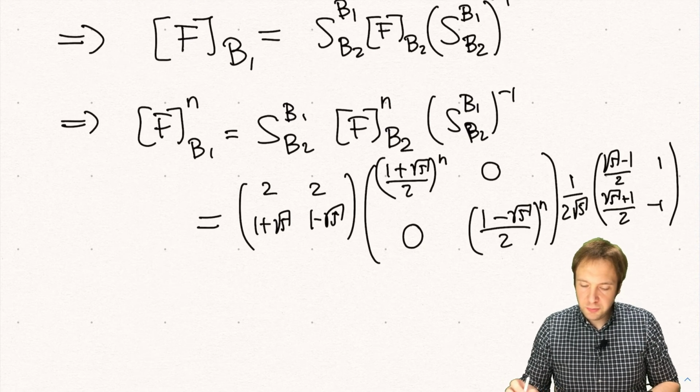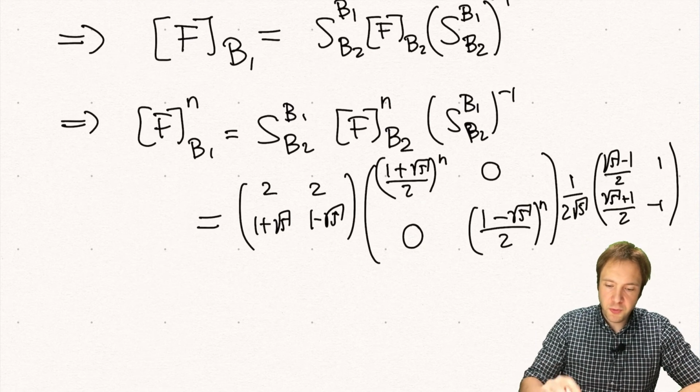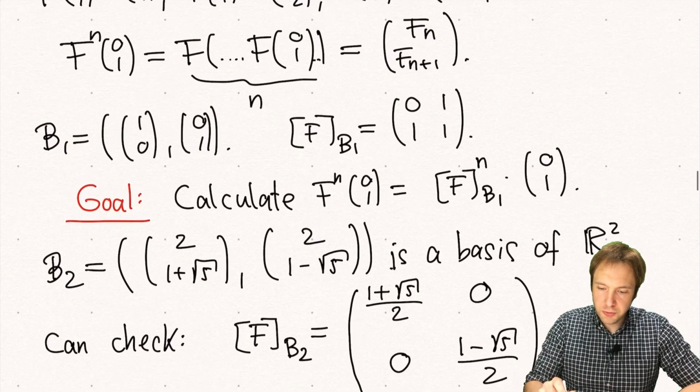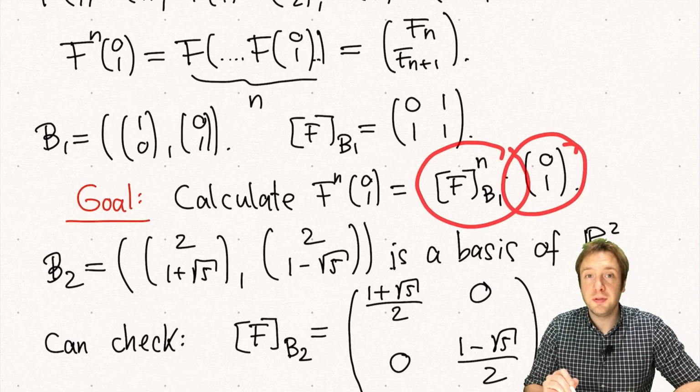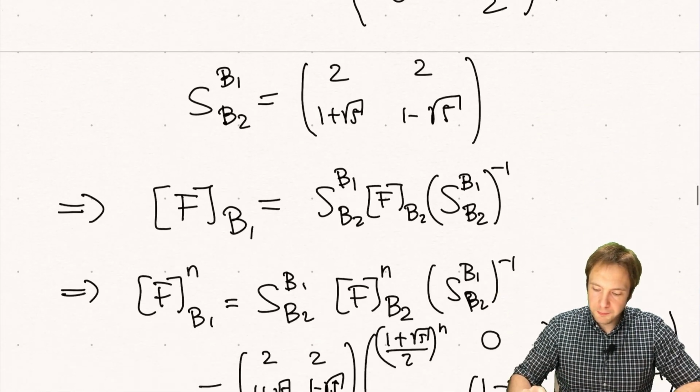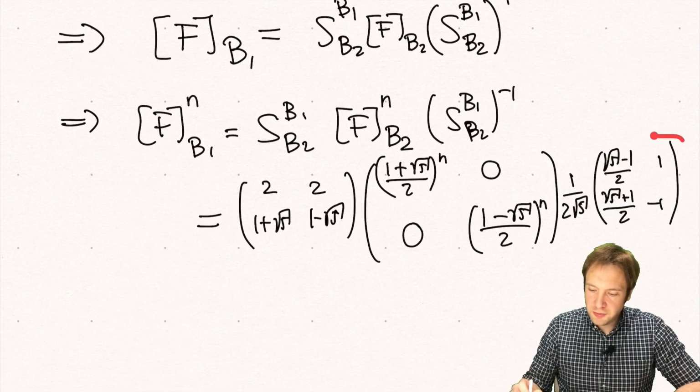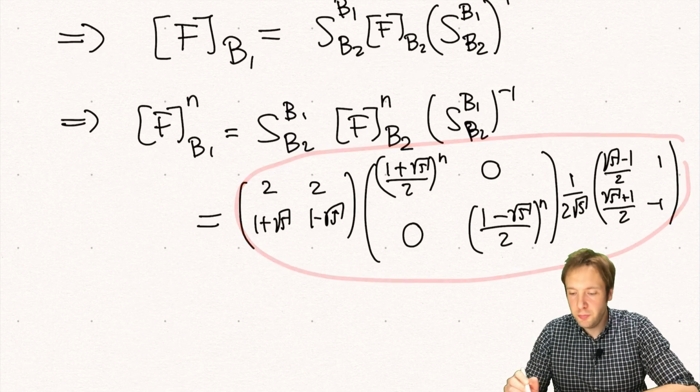And, well, this looks a little bit complicated, but remember what we only want. So the goal was to calculate the nth power of this matrix times this vector 0, 1. So we would just need to multiply this matrix with 0, 1.